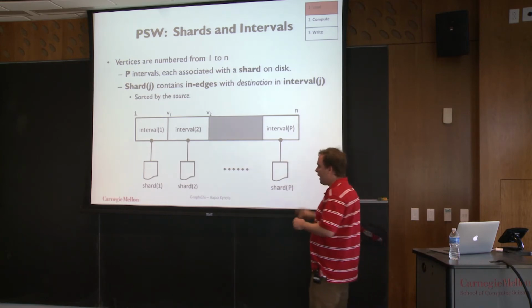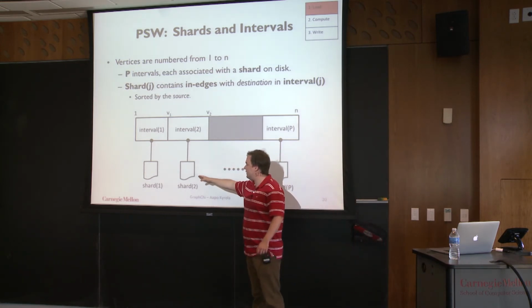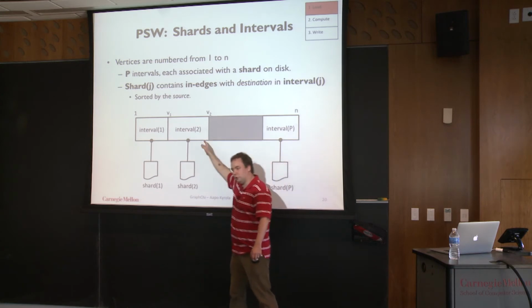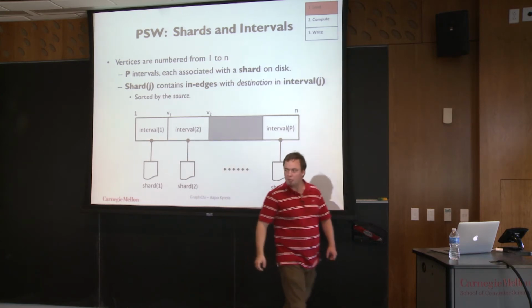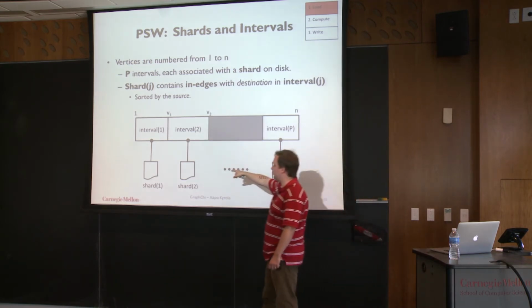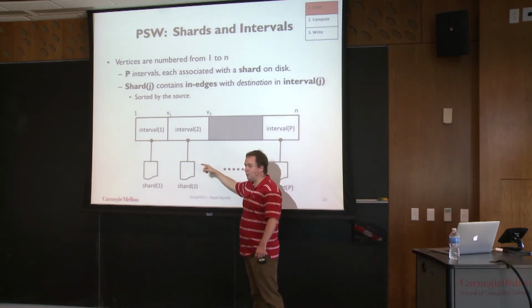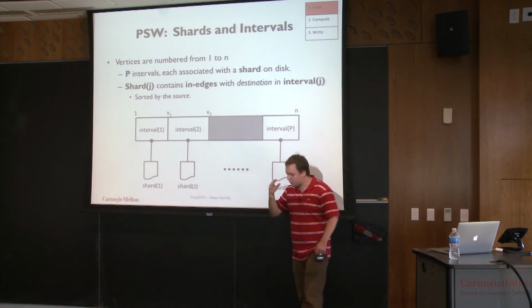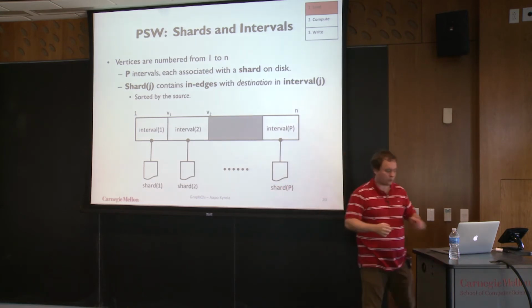So it means shard 2 has all the edges that point to vertices in interval number 2, and so on. In addition, we sort the edges inside the shard by their source. So they're sorted by whose out edges they are.